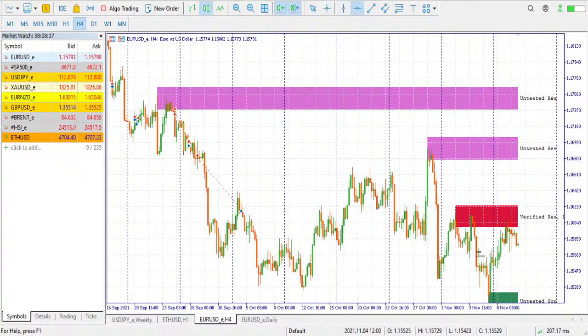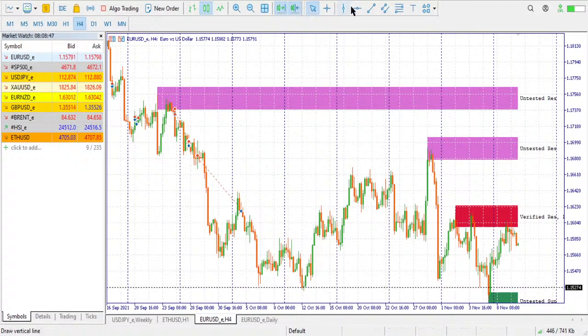So basically, if the price goes down and closes below this level here, 1.15357, 1.15275, 1.15274, then we'd like to see a continuation to the lower side, then a pullback before the price can continue even lower.